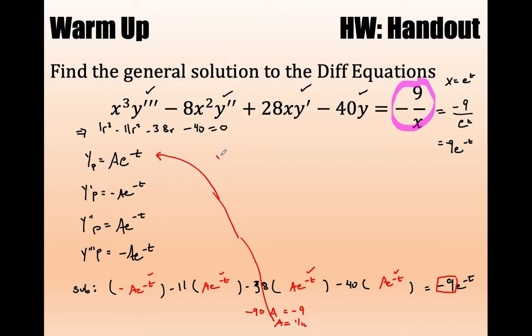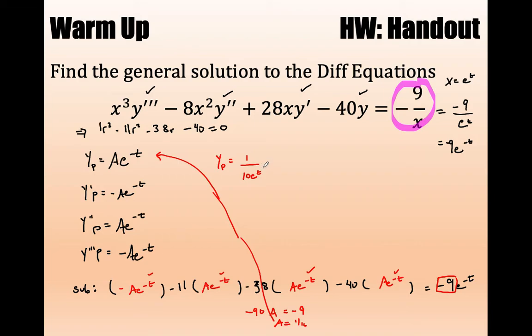So your y sub p is equal to 1 over 10 e to the t, because that's e to the negative t, which is in the bottom. But now with this method, you have to sub back in for all your e to the t's, and you would get those exact same powers of x that we got with the other method of Cauchy-Euler.